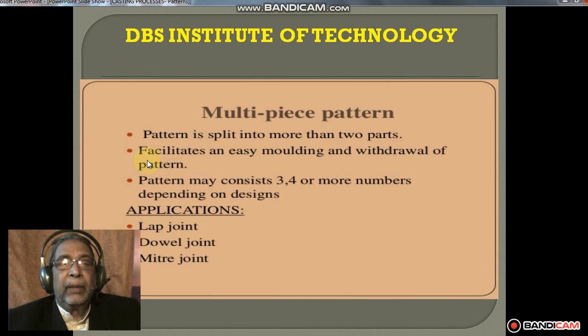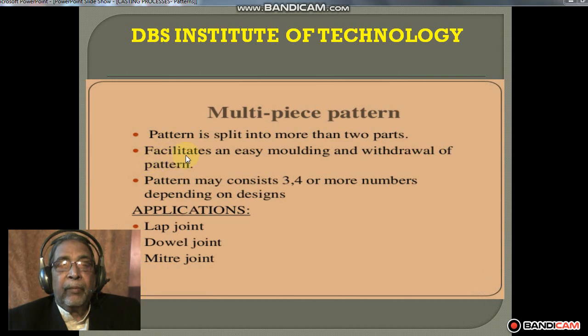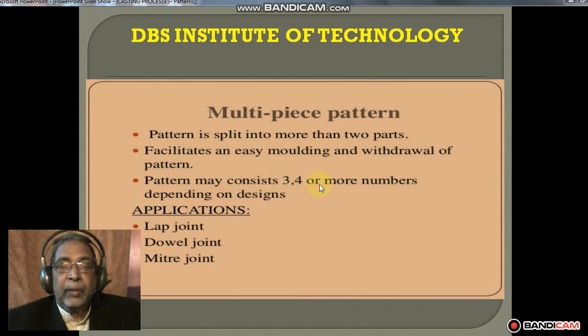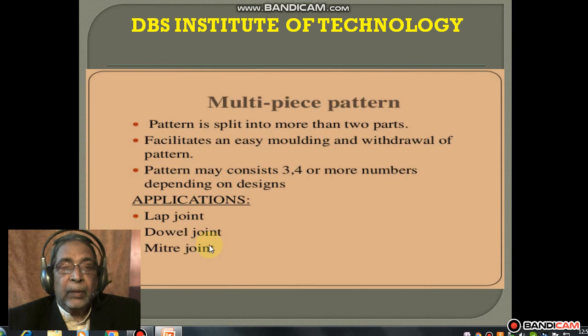We can easily mold with this pattern, and also we can withdraw the pattern from the mold very easily. The pattern may consist of 3, 4 or more pieces depending upon the design of the pattern. Then what are the applications of this pattern? We can make lap joints, drawer joints, metal joints.